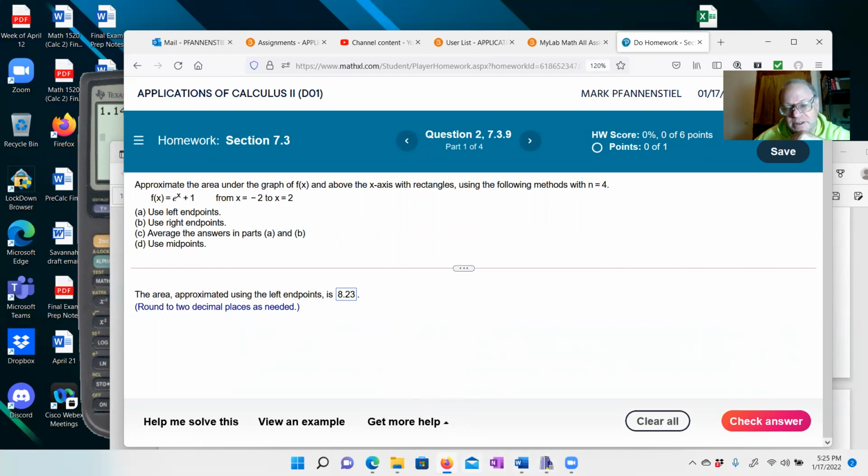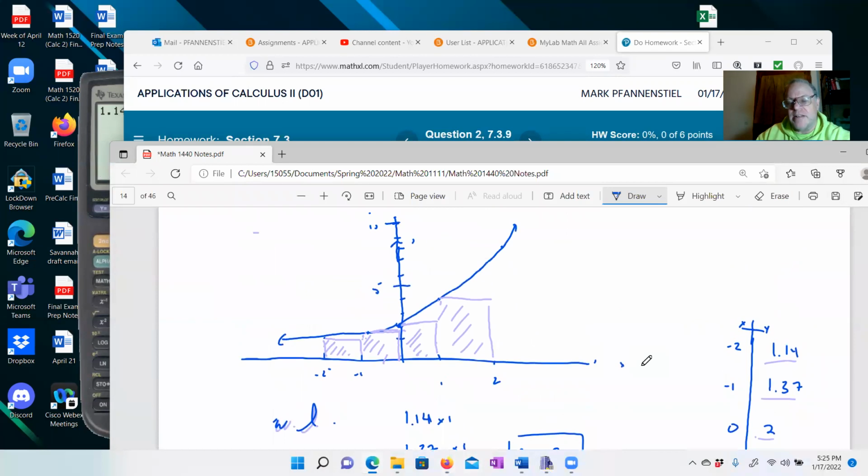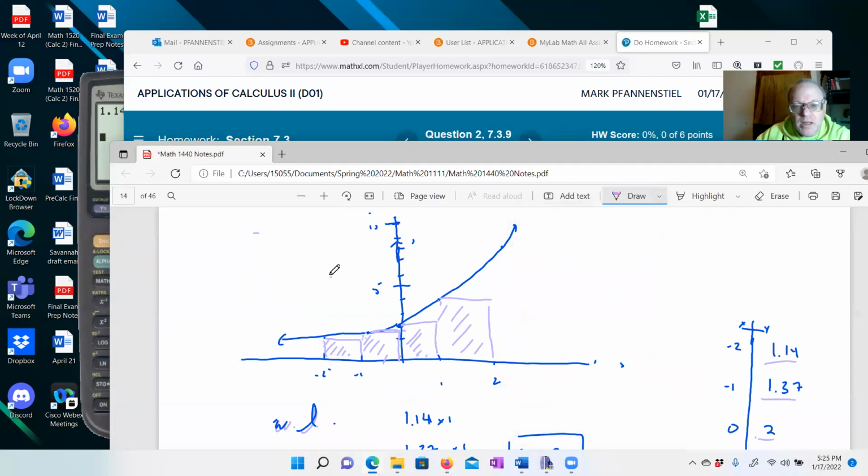Okay, use right-handed. When I use right-handed, let me get a different color. We want this rectangle, this rectangle, this rectangle, and this rectangle. This time we're going to get the pink rectangles rather than the purple rectangles.